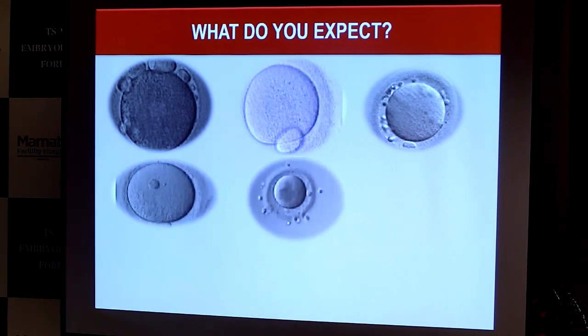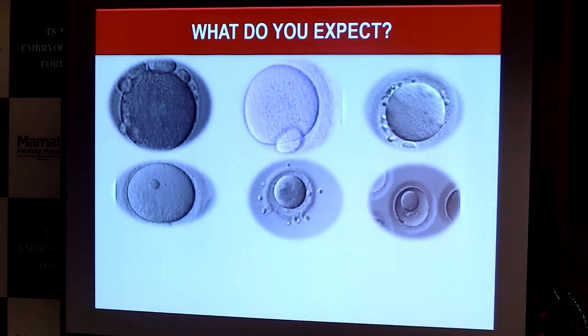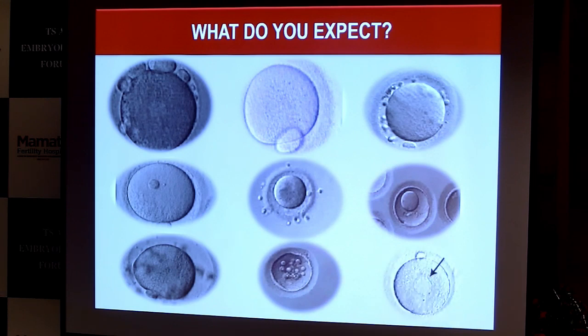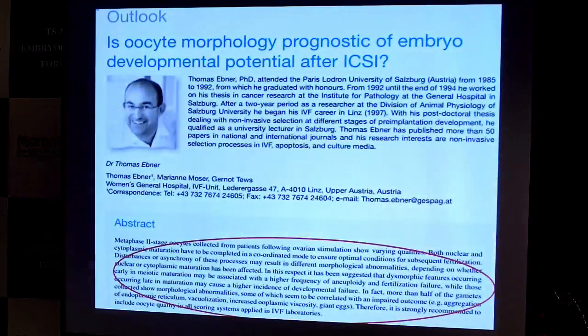Refractile body. What about this? Well, would you say large PVS, or will you say a shrunken oocyte? Right. What about this? Definitely shrunken. This one? Right. Multiple vacuoles and the smooth endoplasmic reticulum. There you go. You're done with oocyte morphology.